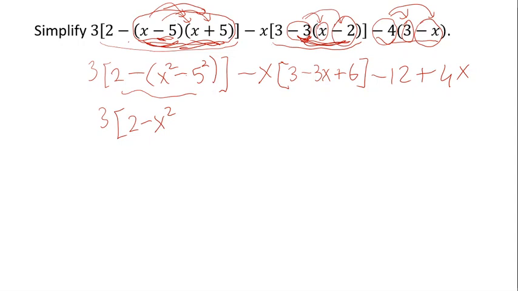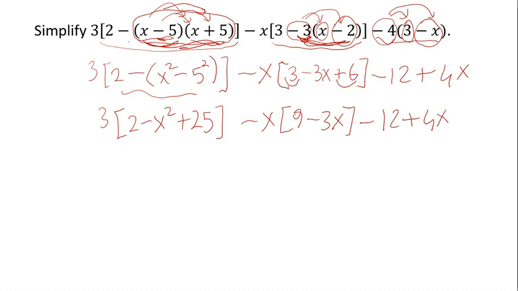Now let's see if there's any cancellation inside. This is negative, positive, so it will be 25. This is negative x times 3 plus 9, 6, it makes 9. 3x minus 12x, 12 plus 4x. And here you can combine these two, so it will be 27 minus x squared, and negative 9x here.